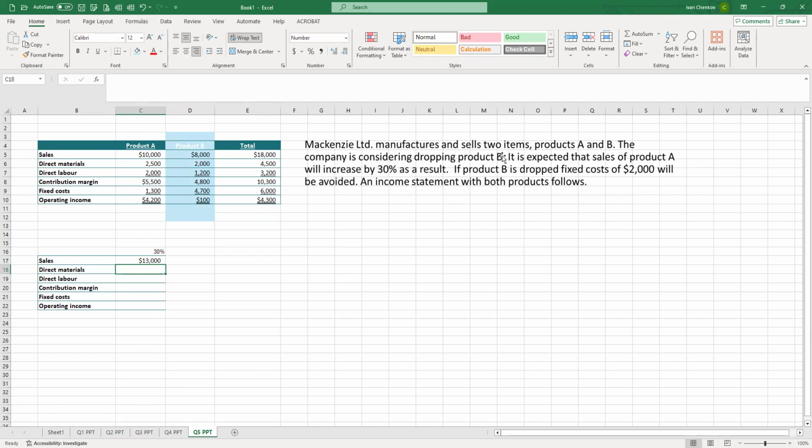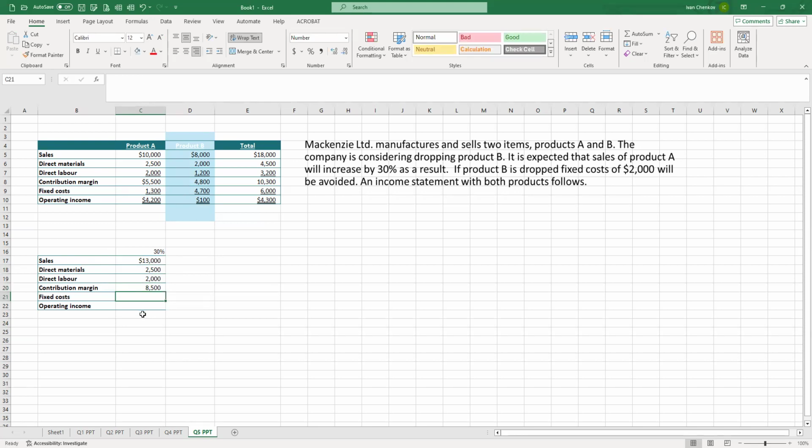No. Again, it's sales of product A that increase by 30%. Okay, let's pretend the direct material stays the same. This cost is reduced. How much will be my contribution margin? Minus this one and minus that one.